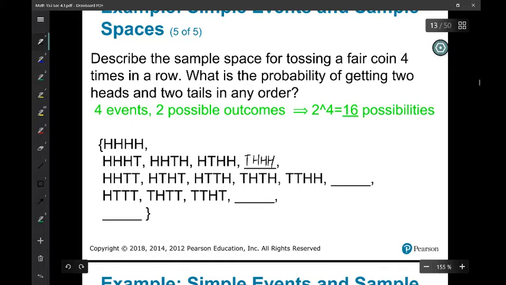And let's see, here we would have tails, heads, heads, tails. And then here we would have 3 tails and a head, and then tails, tails, tails, tails.